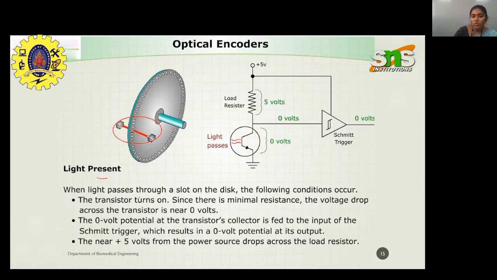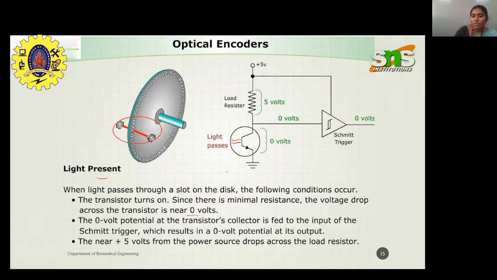When light passes through the slot on the disc, the following condition occurs. The transistor turns on, because the light is reaching the phototransistor, so obviously the phototransistor gets activated. Once it is turned on, there is minimal resistance, with no obstruction, so the voltage drop across the transistor will be 0.